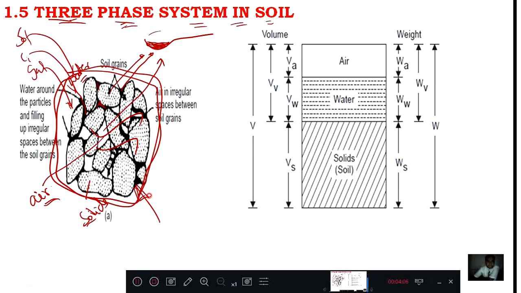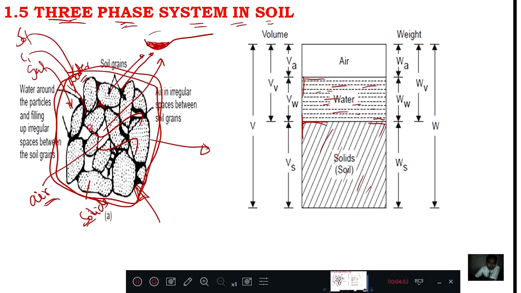But we need to deal with it like that, because practical problems will be very difficult. For study purposes, what we do is divide this soil. We separate all the solid particles and keep them below; this we call the solid phase. Separate all the water and put it in this box; this is the water phase.